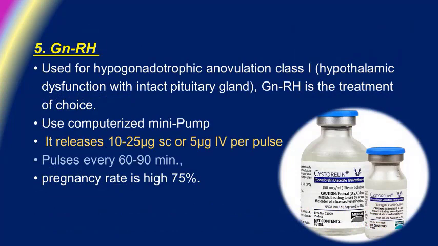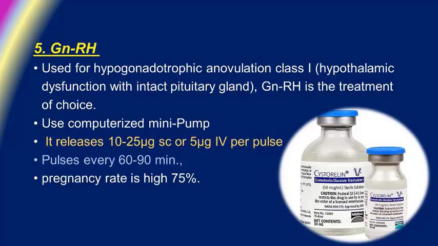Fifth drug is GnRH, gonadotrophin releasing hormone. This is a hypothalamic hormone, the first hormone in the reproductive system. It is used for hypogonadotrophic anovulation due to hypothalamic dysfunction with an intact pituitary gland. Gonadotrophin releasing hormone is the treatment of choice in this group of patients due to hypothalamic disorder.